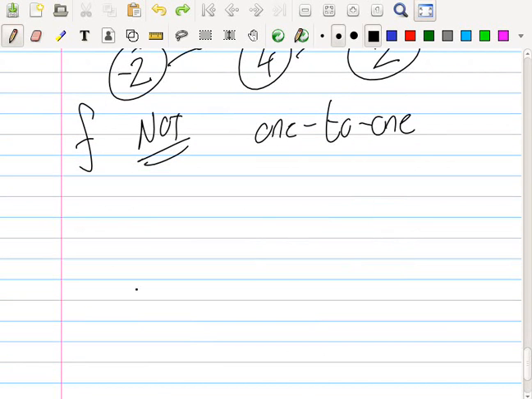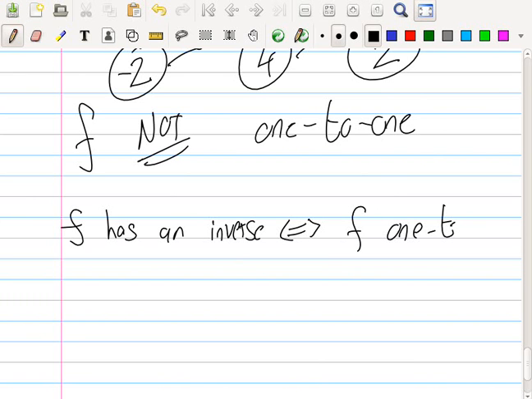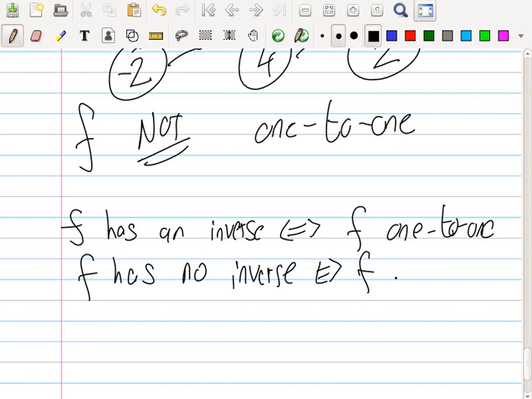If f has an inverse, that means f is one-to-one. And if f has no inverse, that means f is many-to-one.